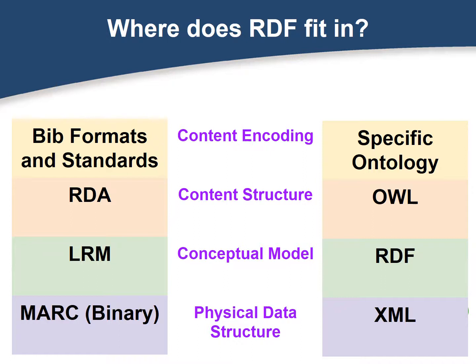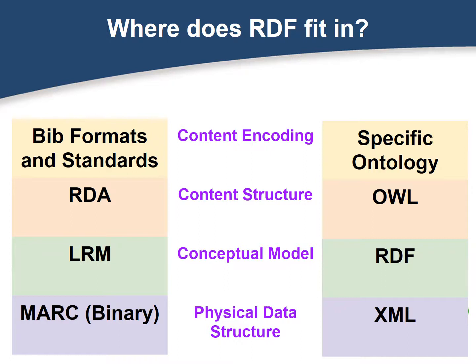is analogous to the XML, and LRM is a conceptual model for organizing library data, and RDF likewise is a conceptual framework. And on top of that, you have a set of rules. OWL is a language for describing ontologies, and RDA tells you how to define content. For example, it will tell you what elements belong in the record.